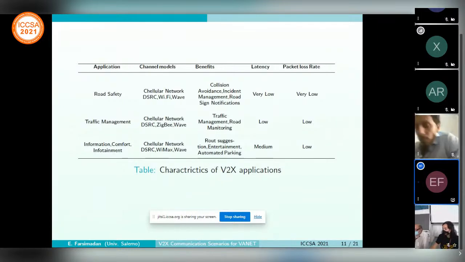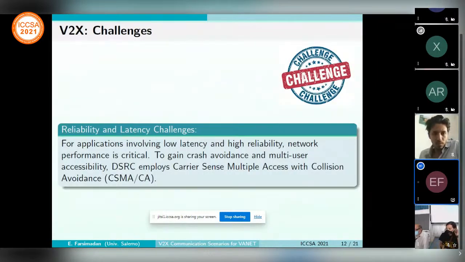About challenges, the important part of V2X challenges is reliability and latency. For applications involving low latency and high reliability, network performance is critical. To gain crash avoidance and multi-user accessibility, DSRC employs carrier sense multiple access with collision avoidance.